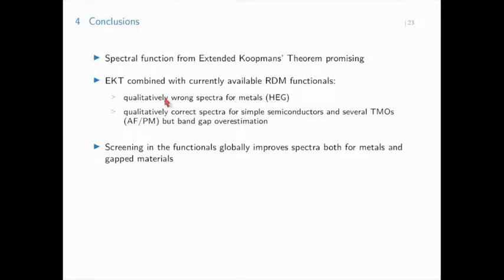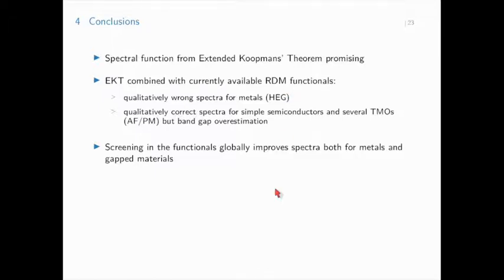We found a qualitatively wrong description, in fact, for the presence of this unphysical band gap, while considering gapped materials like silicon and transition metal oxides, we obtained a qualitatively good description. However, we observed this large overestimation of the band gap.